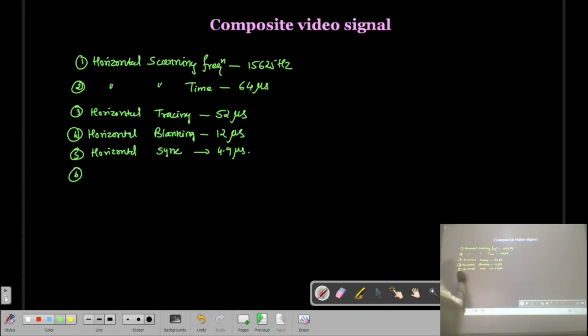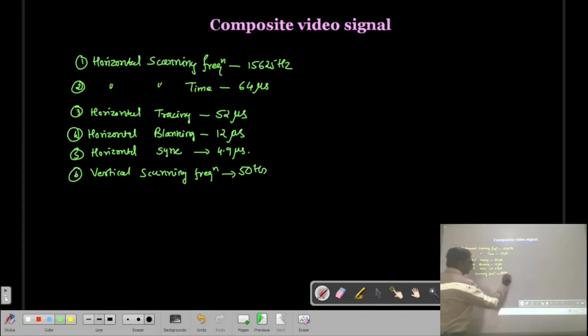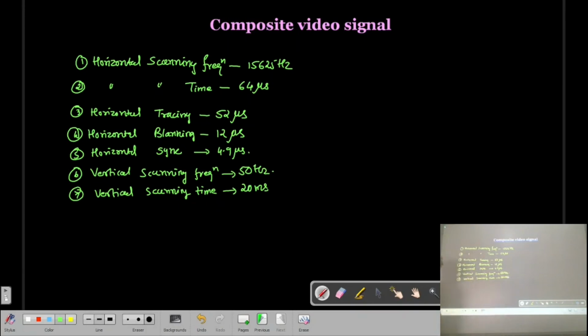Then, if we are talking about the vertical scanning, the vertical scanning frequency is 50 Hertz. Vertical scanning time will be 20 milliseconds, meaning 1 upon 50 is 20 milliseconds.